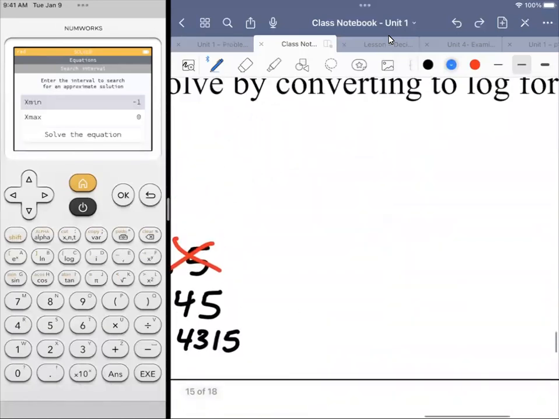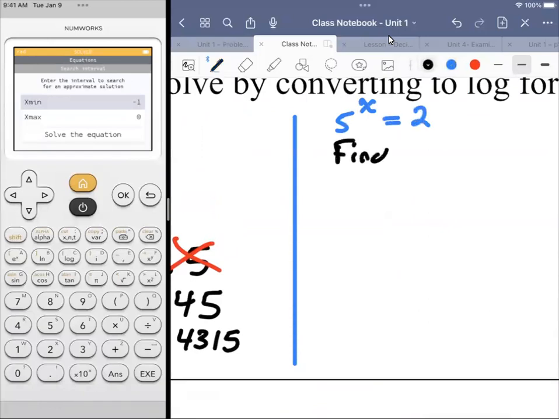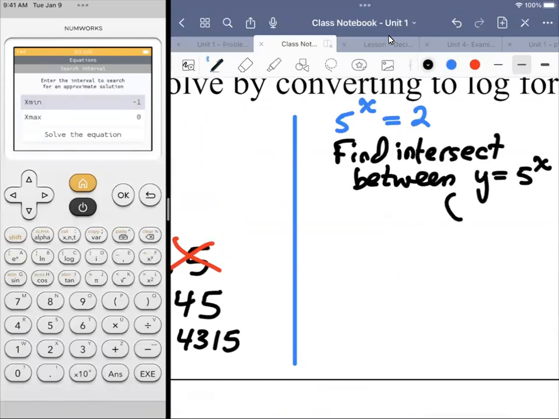If I have a graph of 5 to the x equals 2, that's the same as saying find the intersection between y equals 5 to the x and y equals 2.